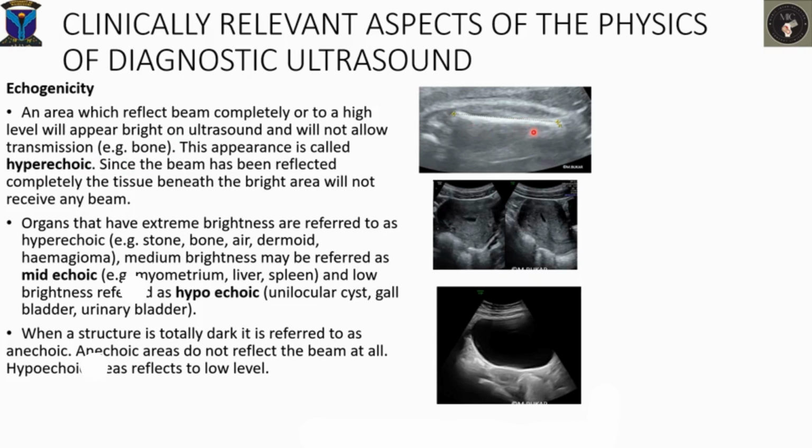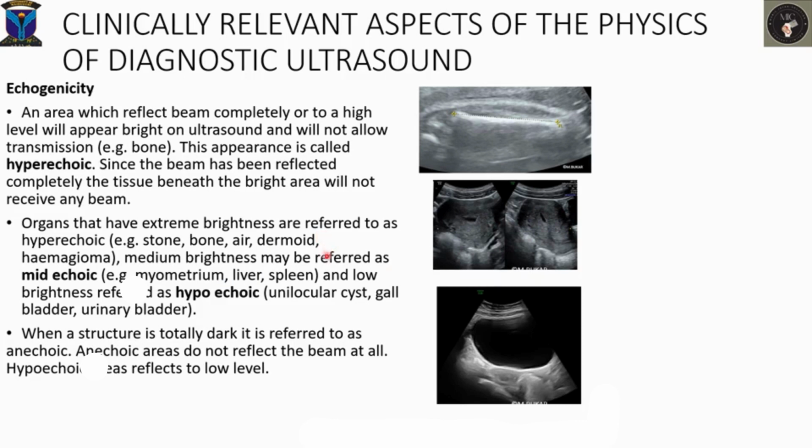In the adnexa, what appears hyperechoic could be a dermoid. Here, it's bone in a dermoid. When the structure is described as mid-echoic, it's like the echogenicity of the myometrium, the liver, the spleen.